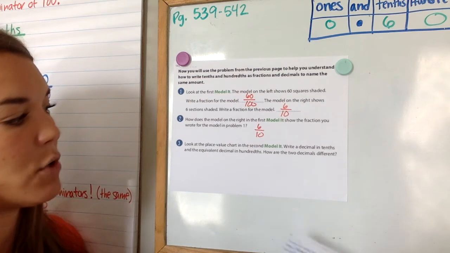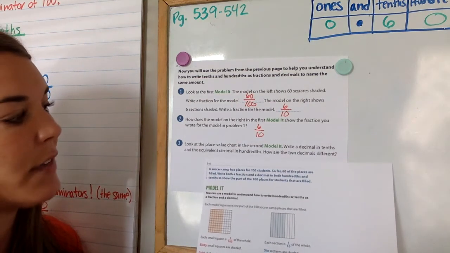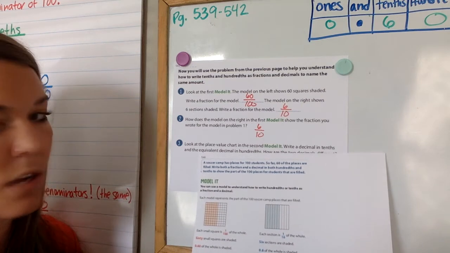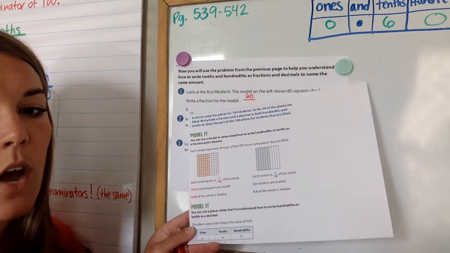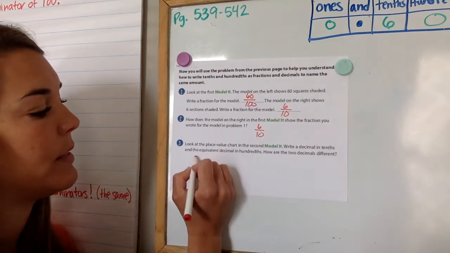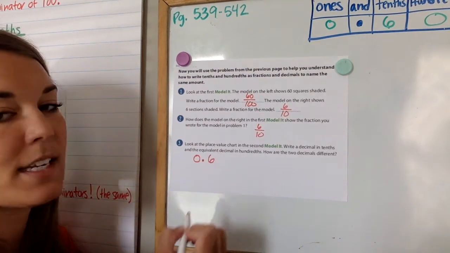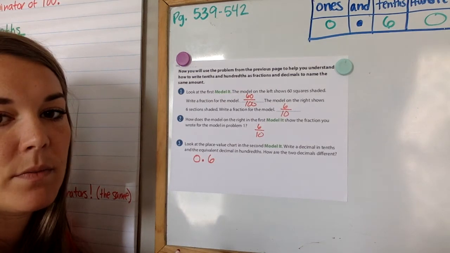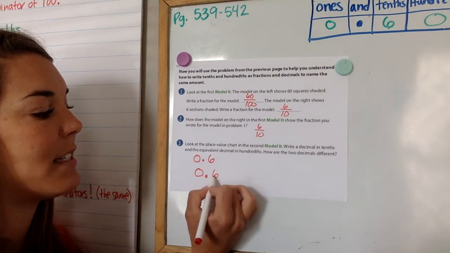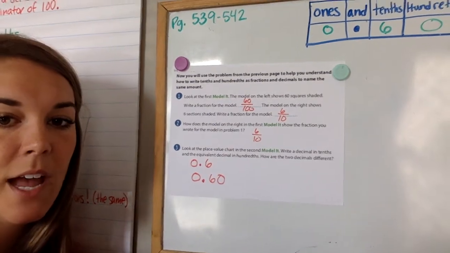Look at the place value chart right here and write the decimal in tenths and the equivalent decimal in hundredths, okay? So if we wanted to write it as tenths, we would write 0 and 6 tenths. If we wanted to write it as hundredths, we would write 0 and 60 hundredths, okay?